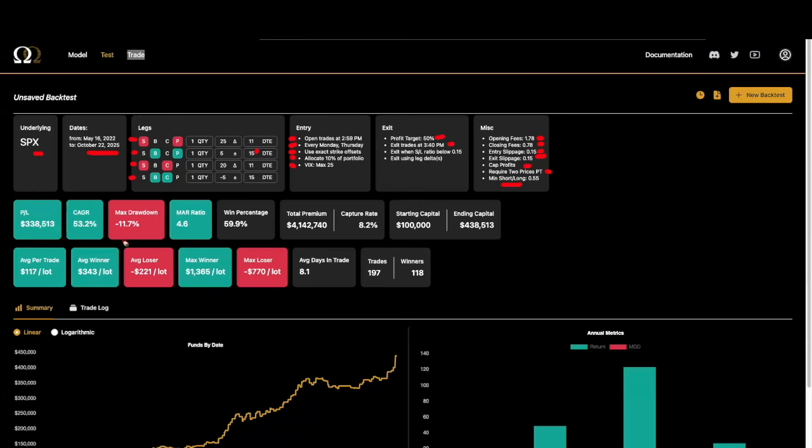So I back tested this, and you can see it won 60% of the time, starting capital, ending capital in the back testing, MAR ratio 4.6, a win percentage 59, and there's a good sample size of trades. So 197 trades. You don't want something with like 4 trades. So that's the test.